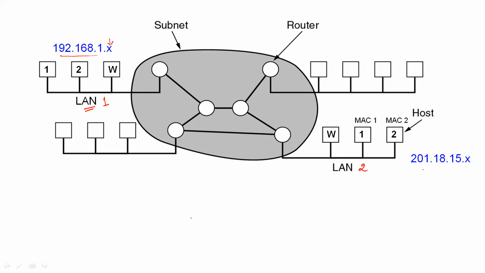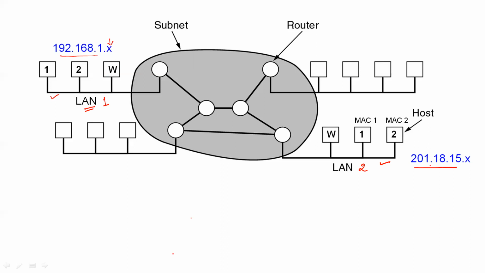Similarly, for LAN 2, the network address is 201.18.15. Whenever a packet is sent from one network to the other, the router will identify only the source network, 192.168.1, and the destination network, 201.18.15. That is the router's visibility. The router will find the destination network, and the packet will be transferred to it.